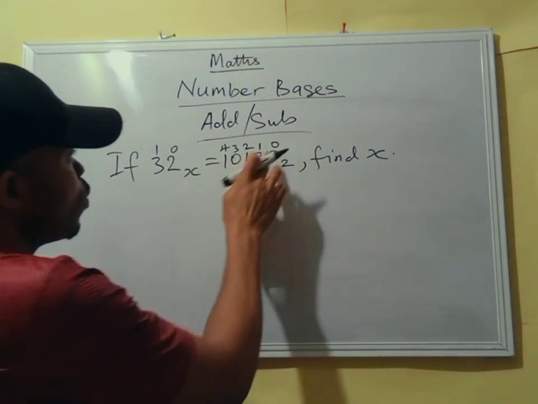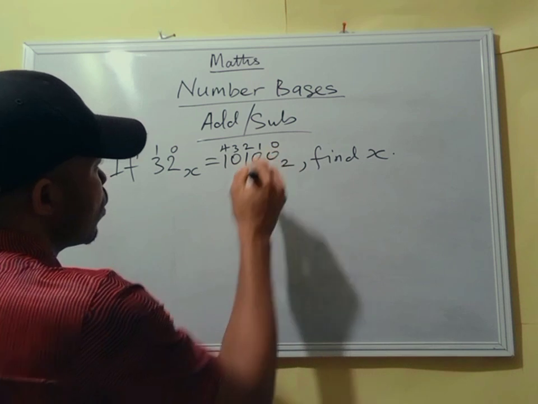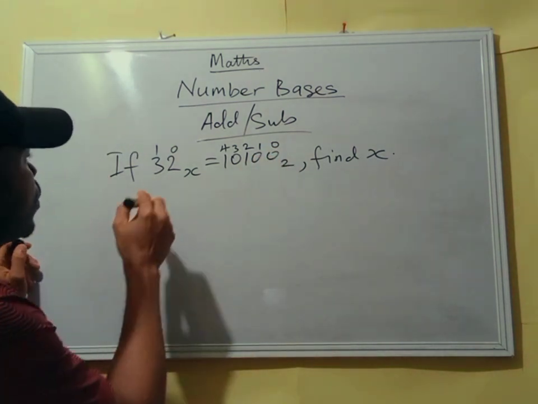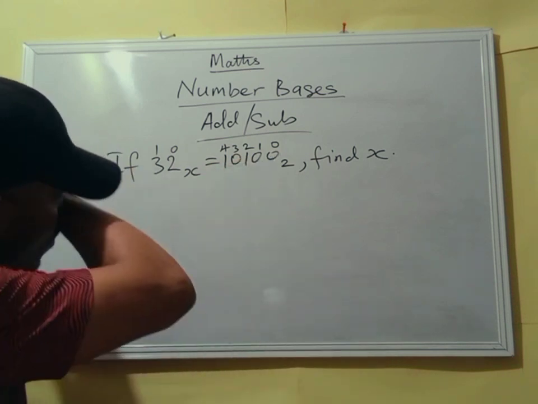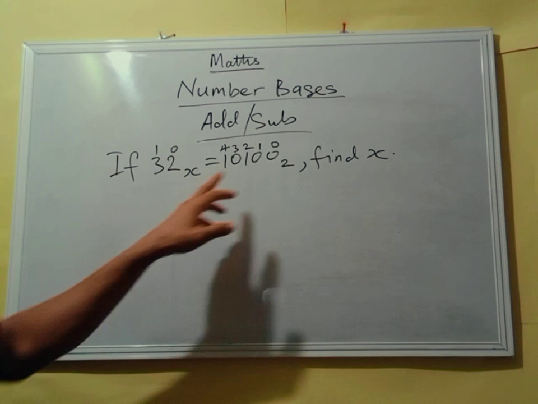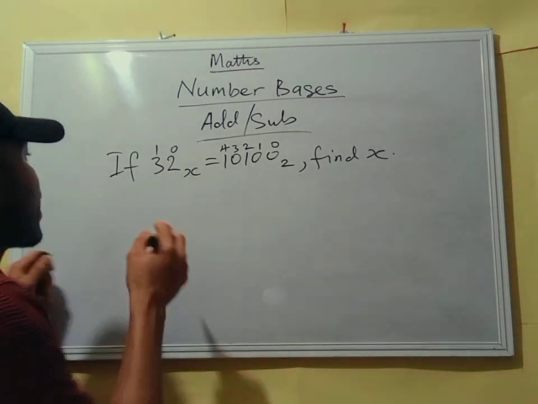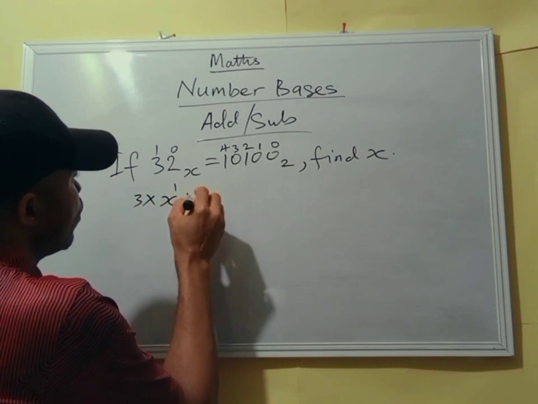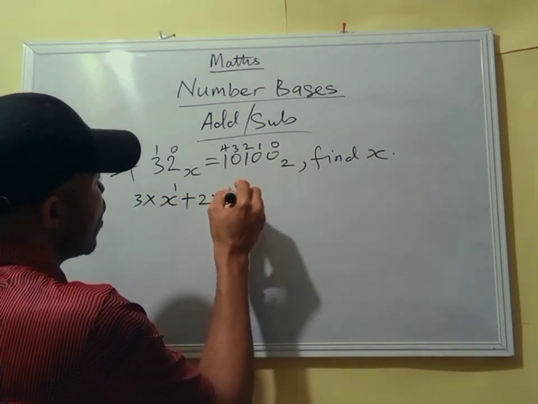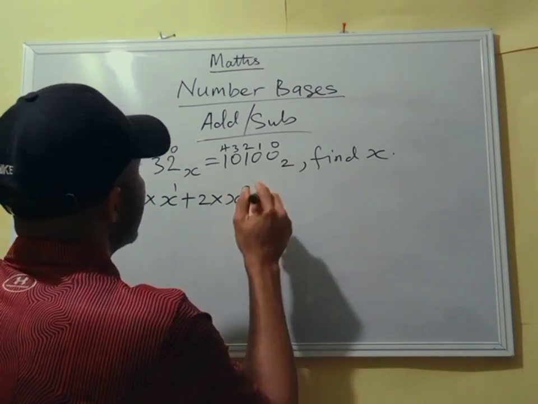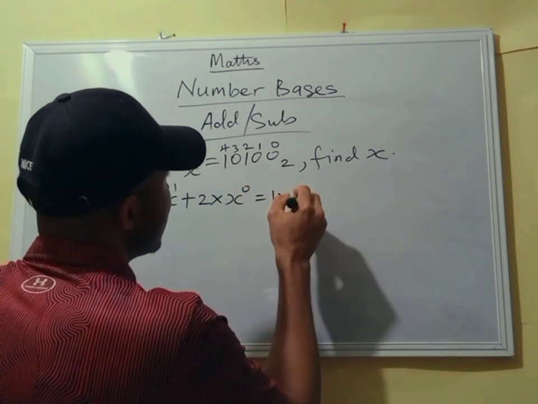Alright, so what do we have there? Remember this is the linear method. Whenever we are converting from any other base to base 10, we use the linear method. So do it for both sides. That will be 3 times x to the power 1 plus 2 times x to the power 0, equal to 1 times 2 to the power 4.